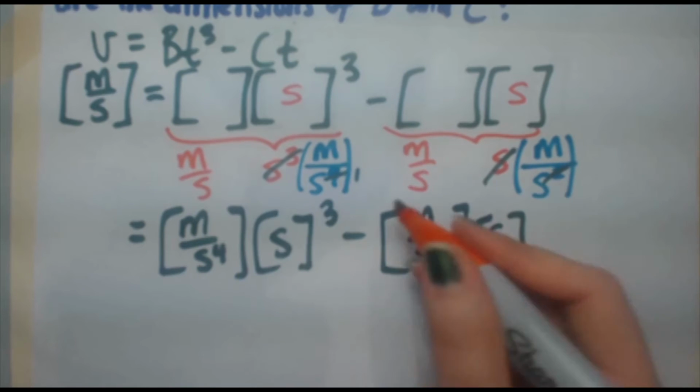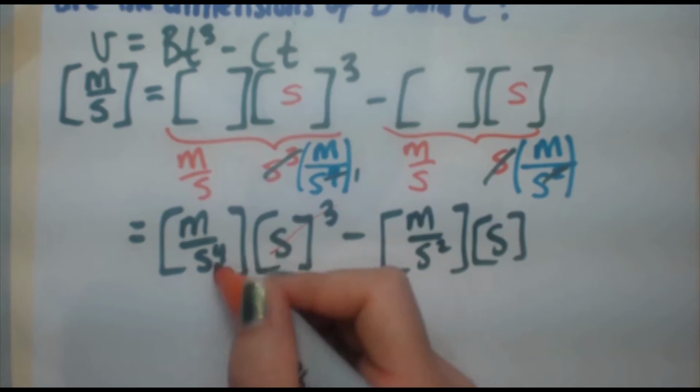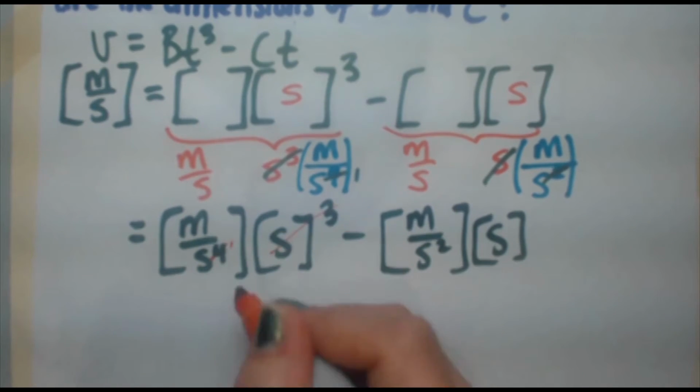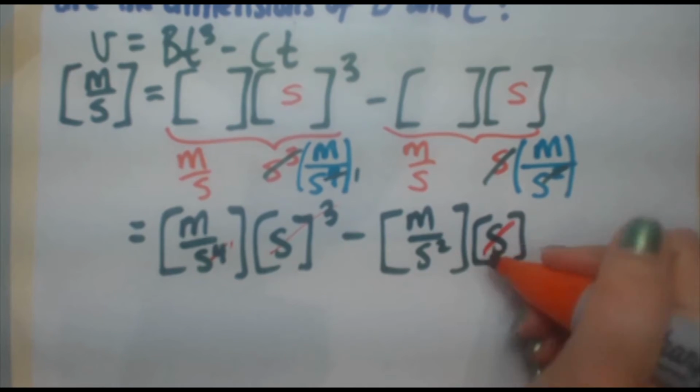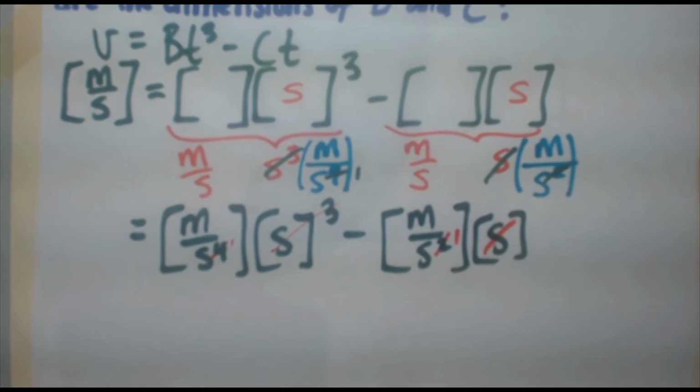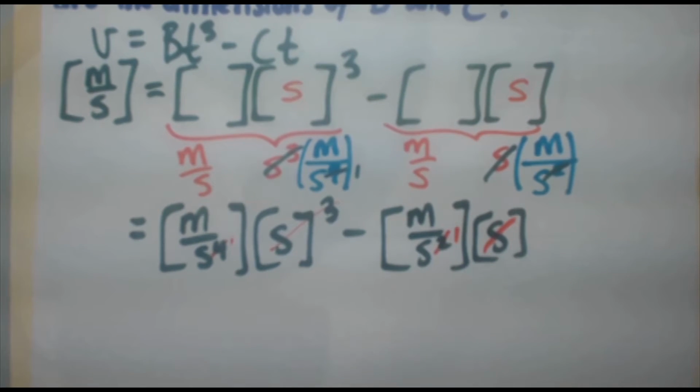And in case you didn't see it before, here you go, the s cubed leaves 1s here, okay? This s also leaves 1s here, okay? So leaving you with meters per second minus meters per second, okay?